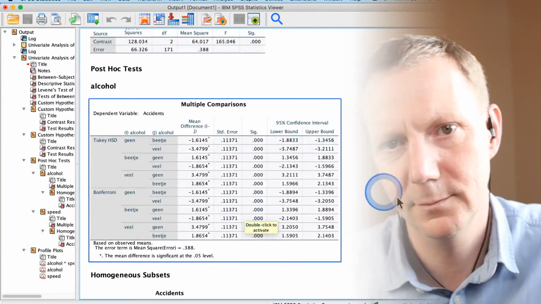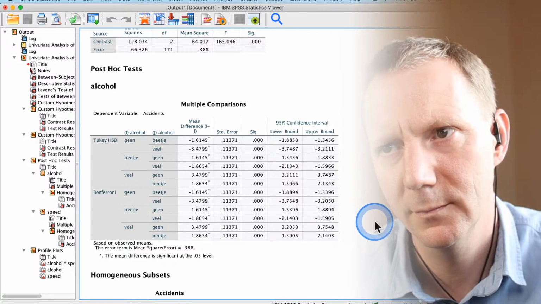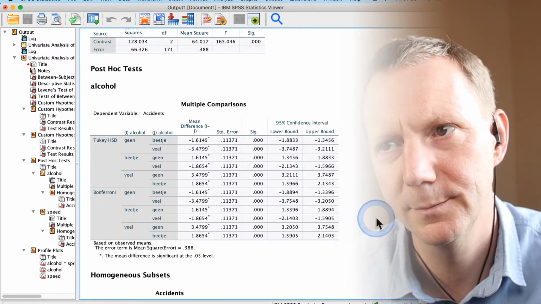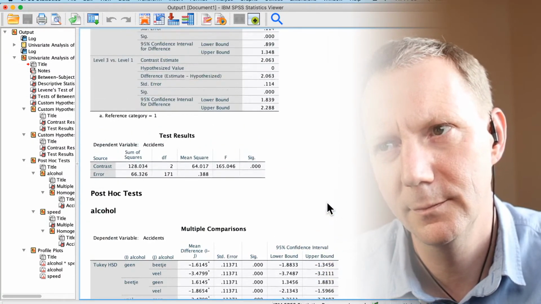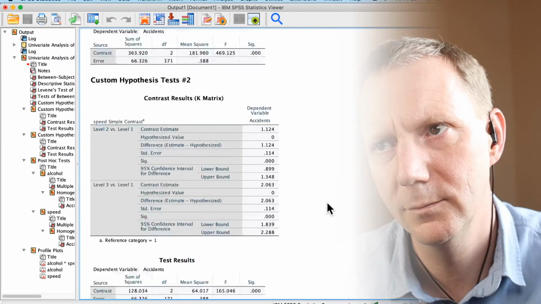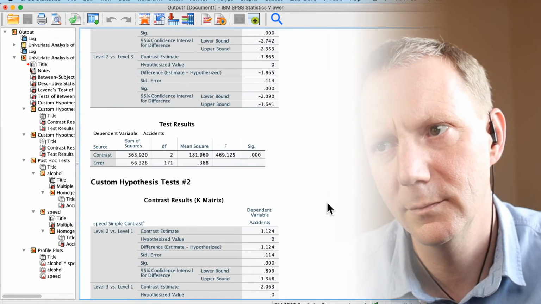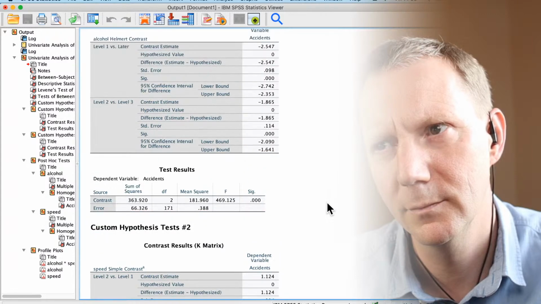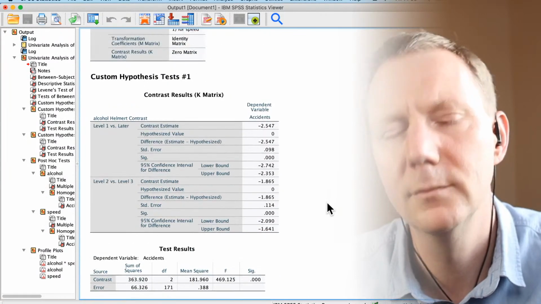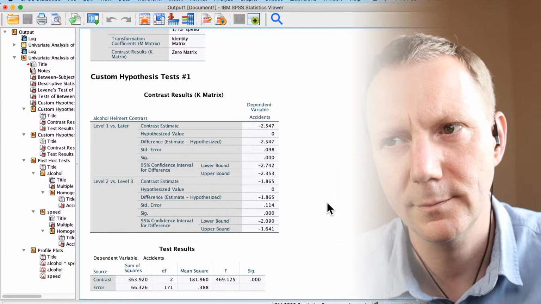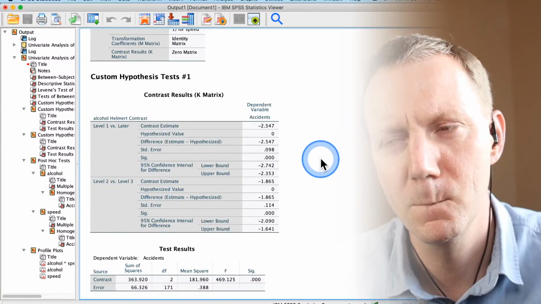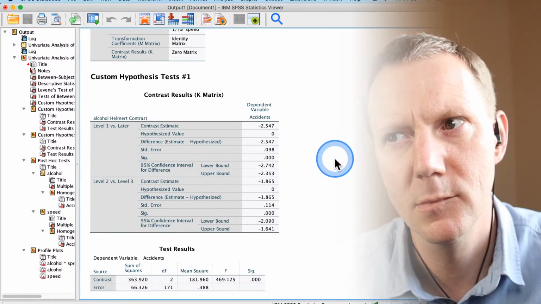Can I ask something about the Helmert and the simple contrast before? Of course. In a normal situation, for all the variables, would you use the same one? Because now we did a different one for alcohol and a different one for speed, but normally would it usually be that you either use Helmert or you either use simple?